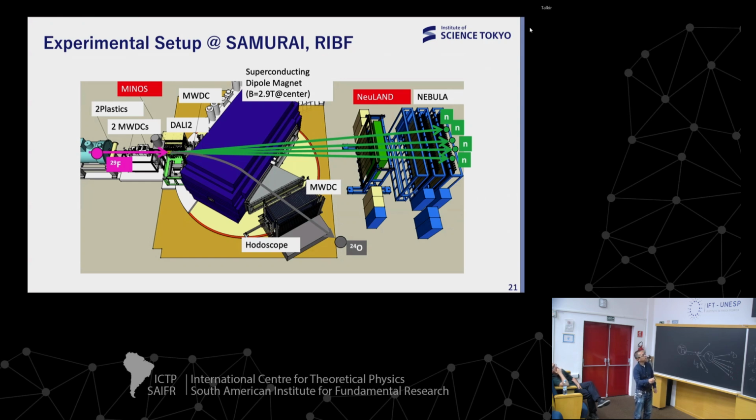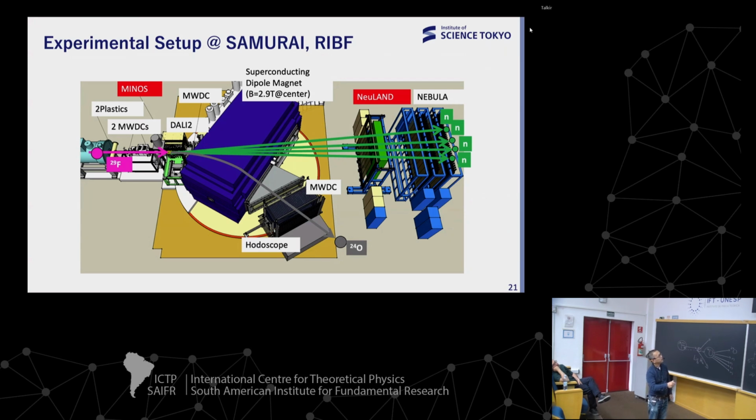Oxygen 24 was bent by the dipole magnet and tracked by these drift chambers, and we measured the time of flight and delta E. So this is oxygen 24. And the remaining 4 neutrons are just going through the gap of the magnet and reached these neutron detector walls.